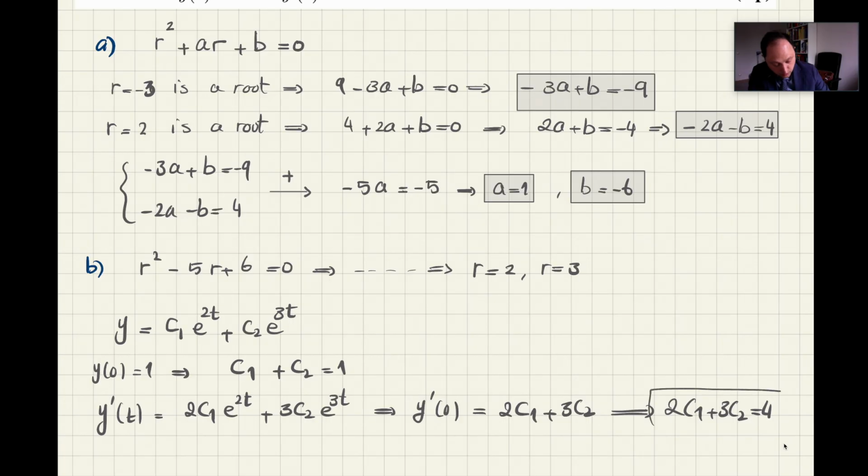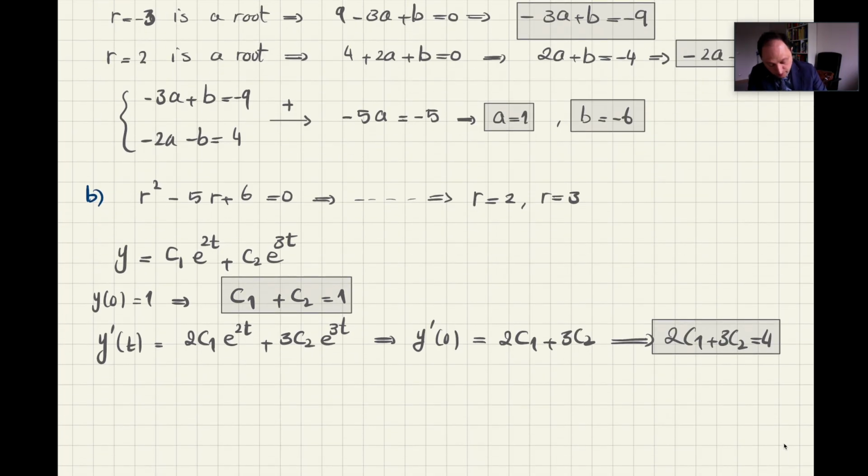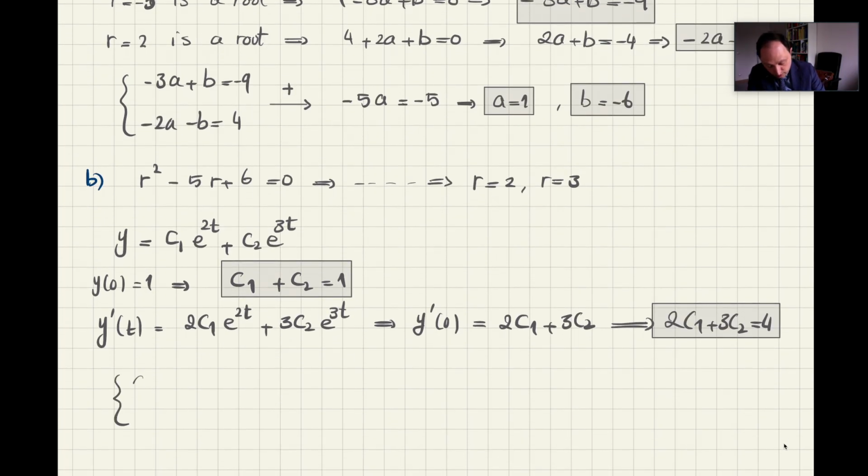So here I have one relation, and here I have another relation. So actually I solve the system: C1 plus C2 is supposed to be 1, and 2c1 plus 3c2 is supposed to be 4.